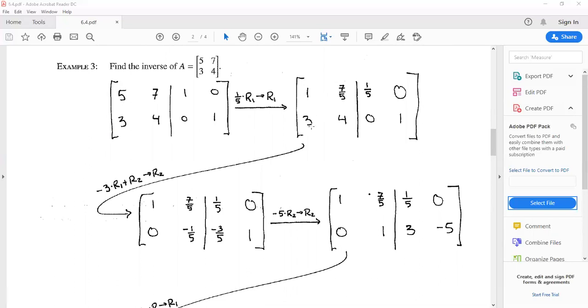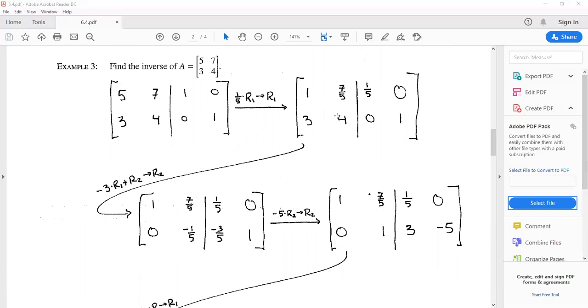Now that I have that 1 in the top left corner, I would like the number beneath it to be 0. I can do that if I subtract 3 times the first row from the second row. In other words, I will replace the second row with the second row plus -3 times the first row. In this first entry I have 3 plus -3 times 1, which is 0.